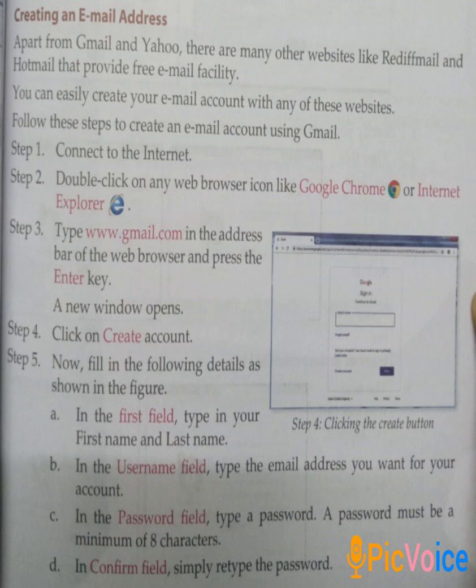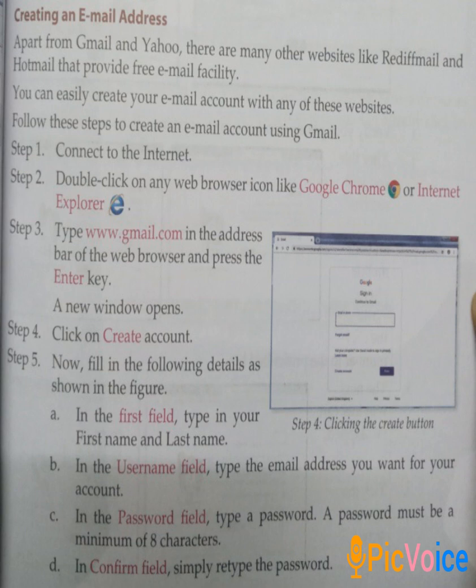Step 3. Type www.gmail.com in the address bar of the web browser and press the enter key. A new window opens. Step 4. Click on create account. Step 5. Now fill in the following details as shown in the figure.